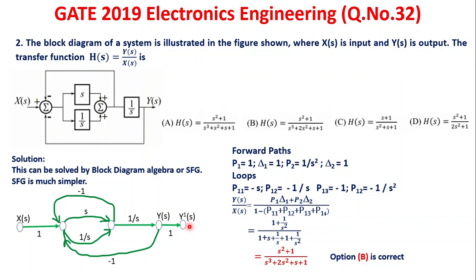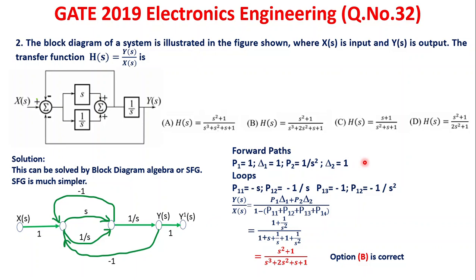If nothing is left, the delta formula is 1 minus the sum of individual loop gains plus the sum of gain products of two non-touching loops, etc. So the second and third terms will be 0. Therefore, 1 minus 0 is 1. Similarly, for P2, if you remove the second forward path, all the nodes will be removed. Therefore, delta 2 is also 1.